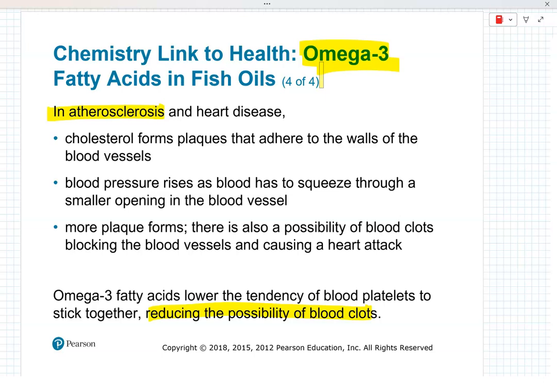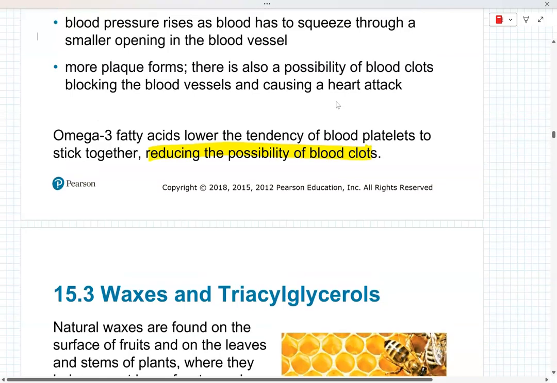Does that make sense? And it's been known that what's called Mediterranean diet, that is rich in fish and plant oils, so therefore rich in unsaturated fatty acids, it is associated with cardiovascular benefits. Am I making sense? Good?